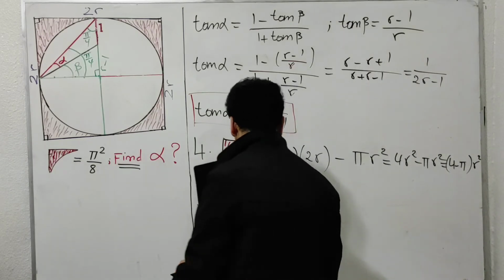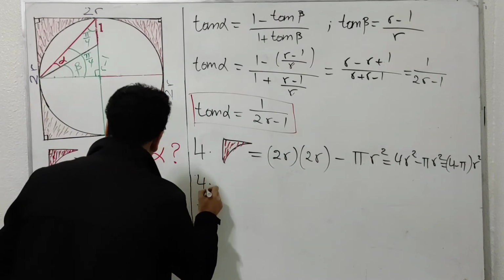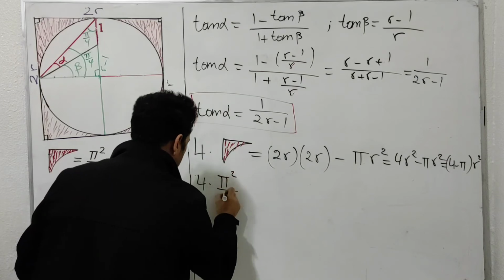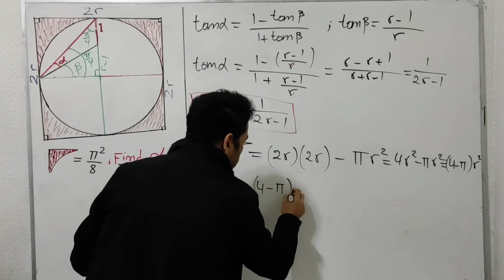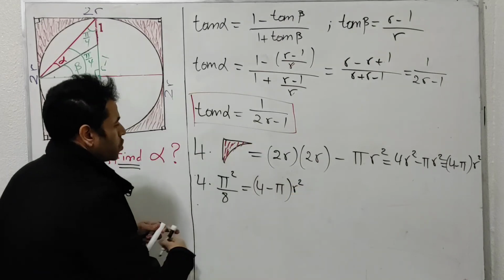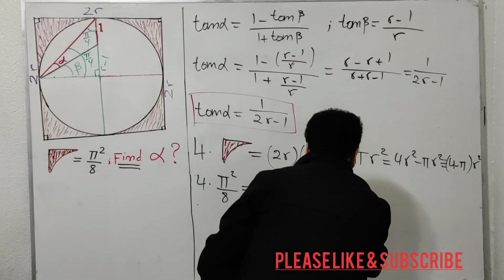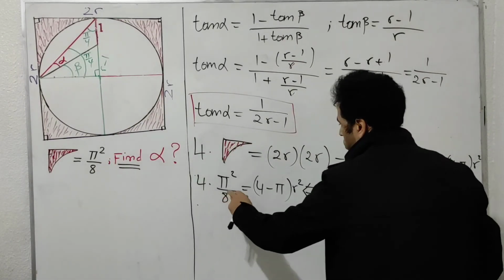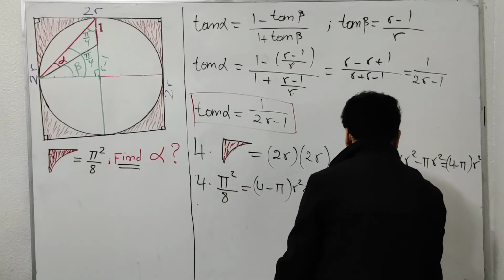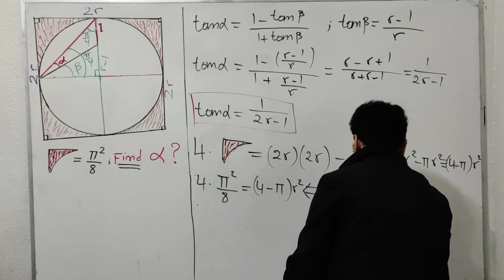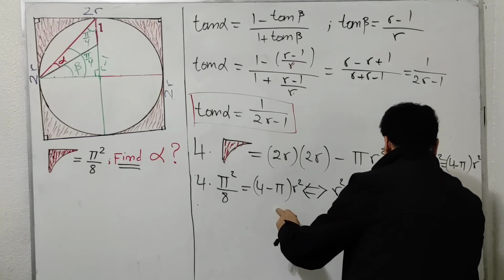I'm going to replace this one with its value, so I get 4 multiplied by pi squared over 8 equals 4 minus pi multiplied by r squared. This is equivalent, which means r squared equals 4 multiplied by pi squared over 8, which is pi squared over 2, divided by 4 minus pi, that is, multiplied by 1 over 4 minus pi.